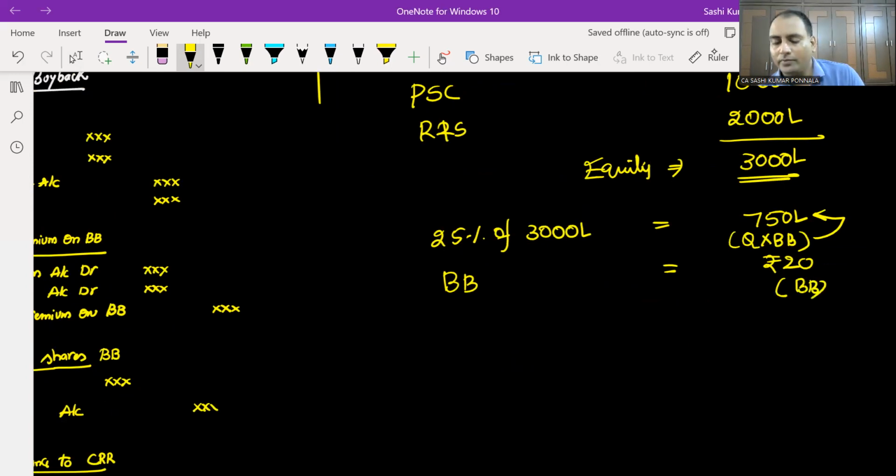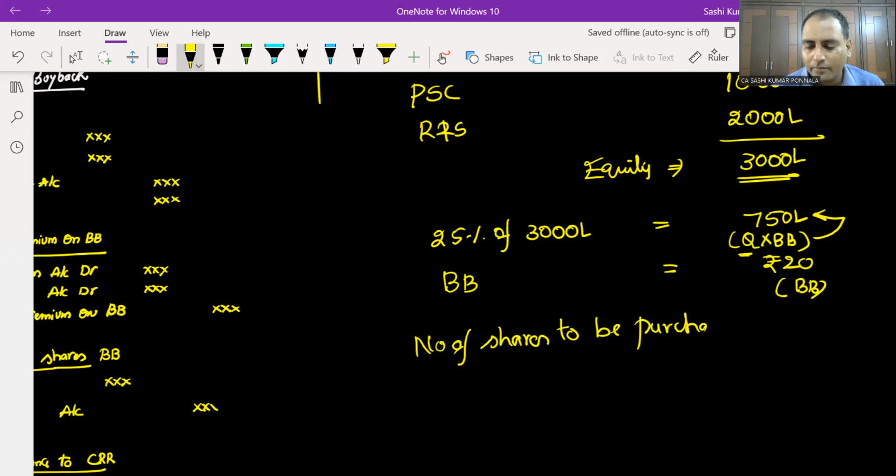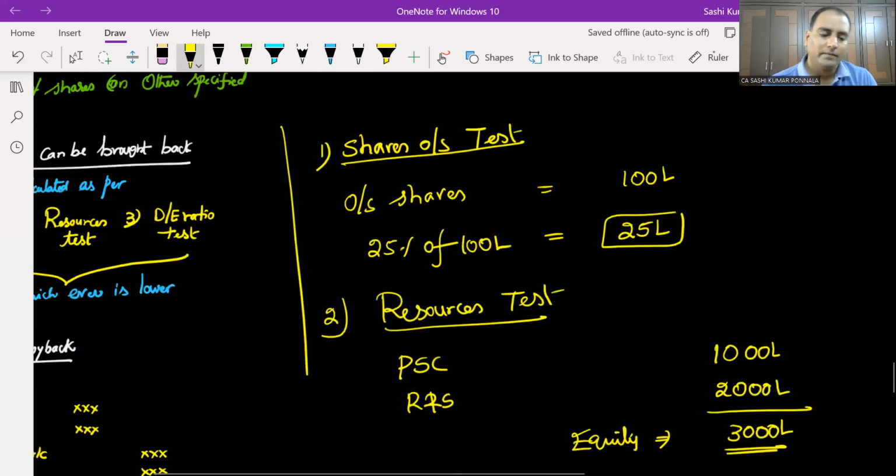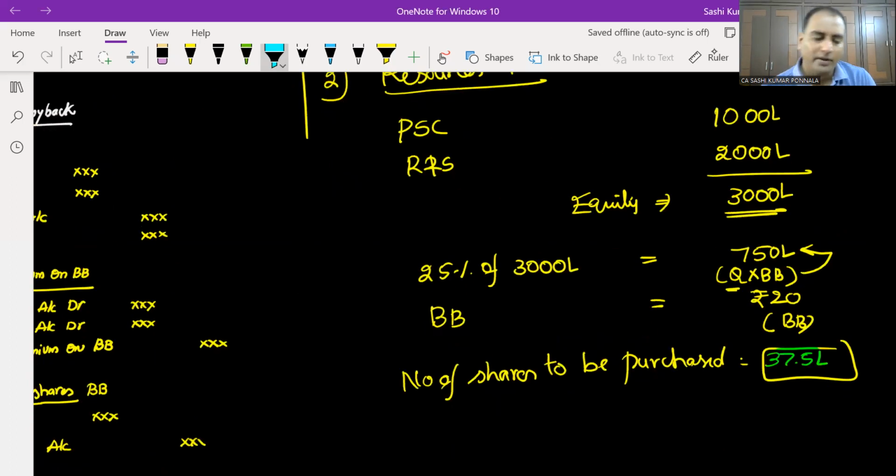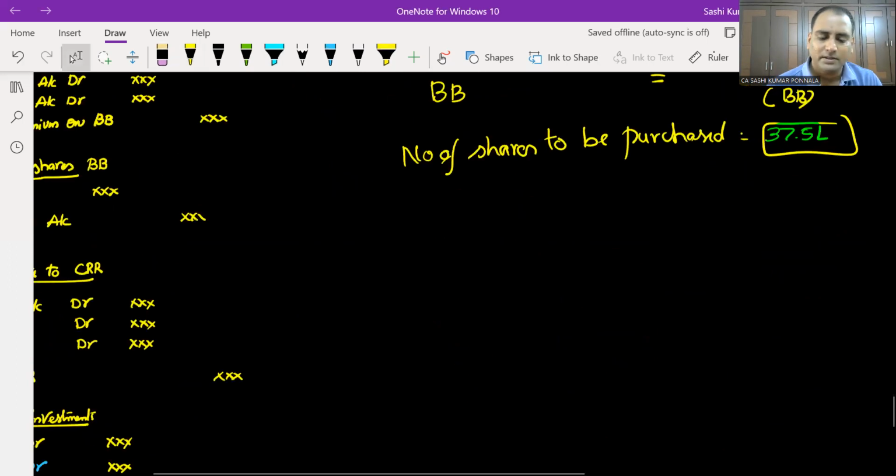If you divide this 750 lakhs by 20, you will get the quantity to be bought back: 37.5 lakh shares. So 25 lakhs as per the shares outstanding test, 37.5 lakhs as per the resources test.